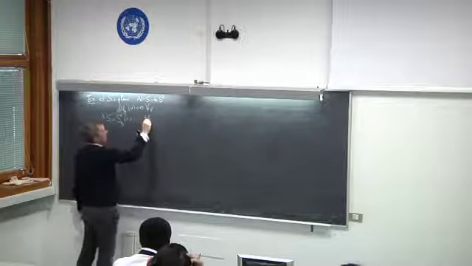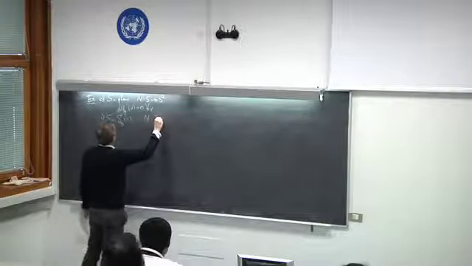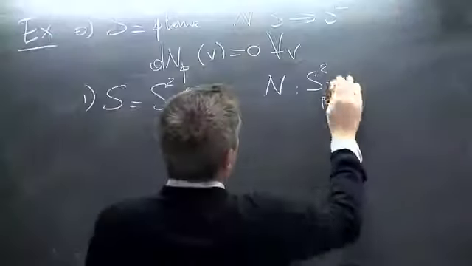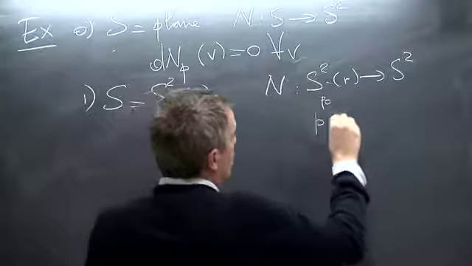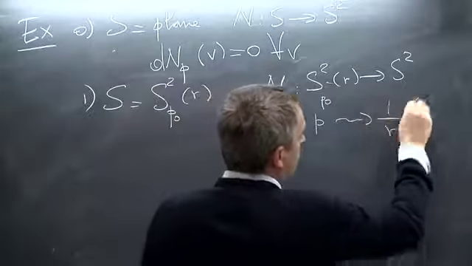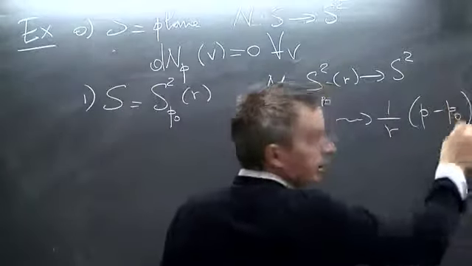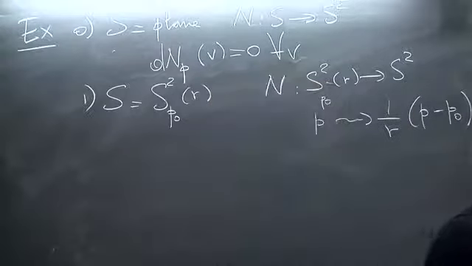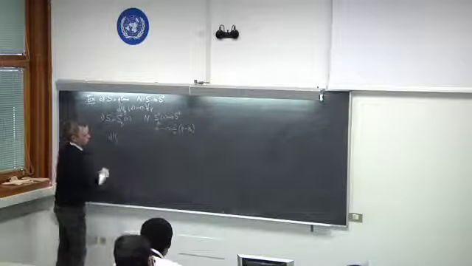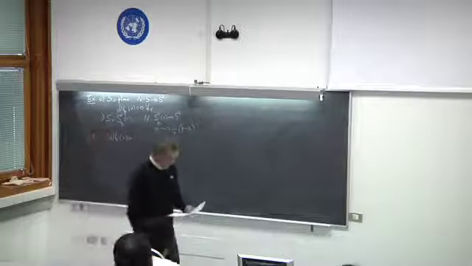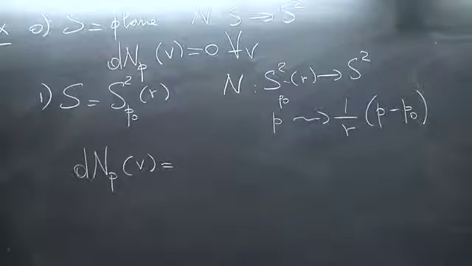Now it's important. So n goes from S to P naught R. I have to tell you which normal vector I choose. I wrote one possibility before, and I take that one. Now, with this choice, how much is dn? Well, now you should start being able to do it.